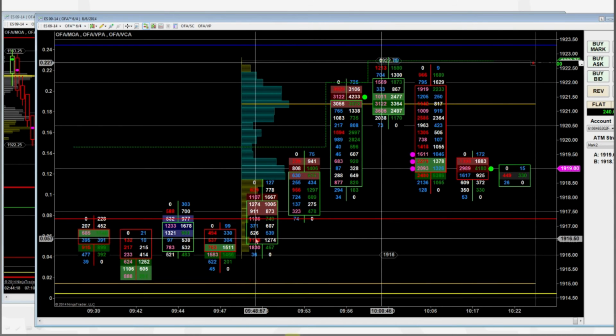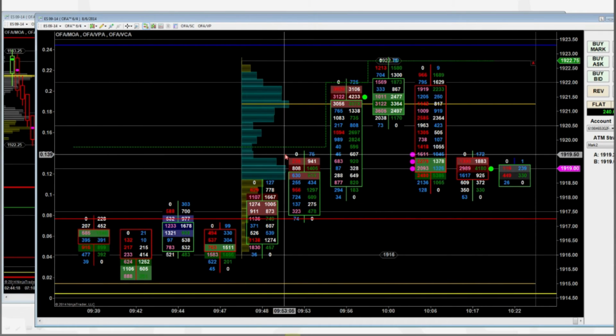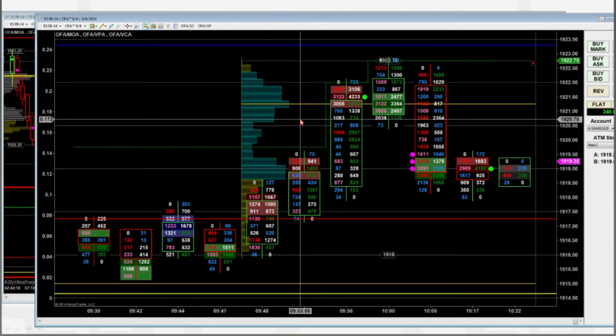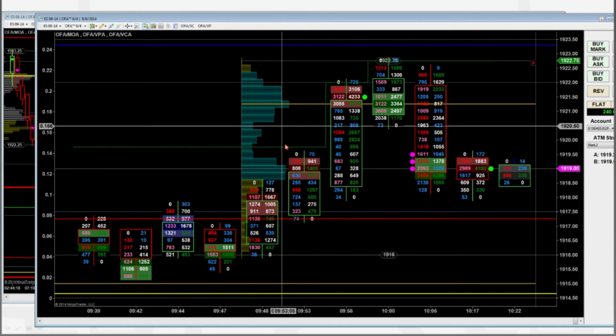I'm not saying it would be, but this represents a potential area where we might see some issues for buyers. It's an area to be watchful of.